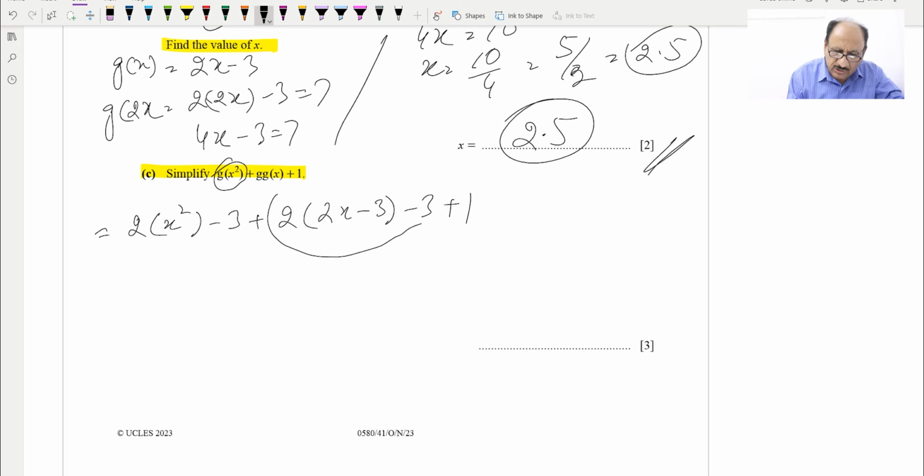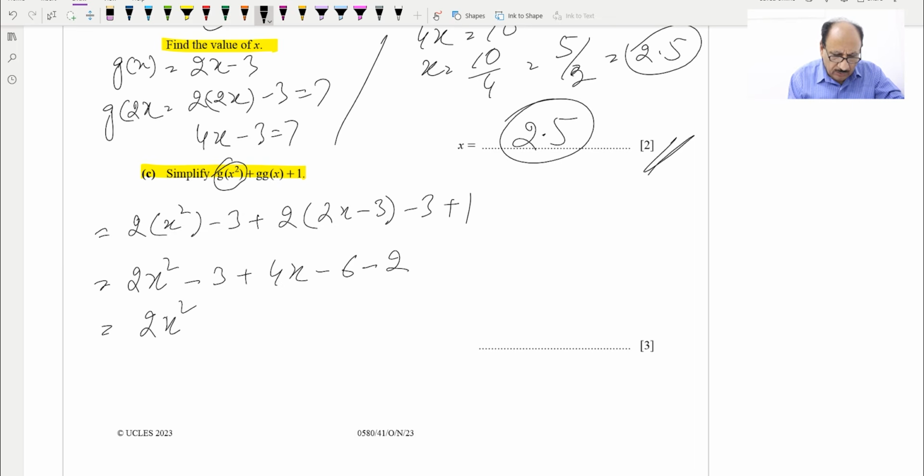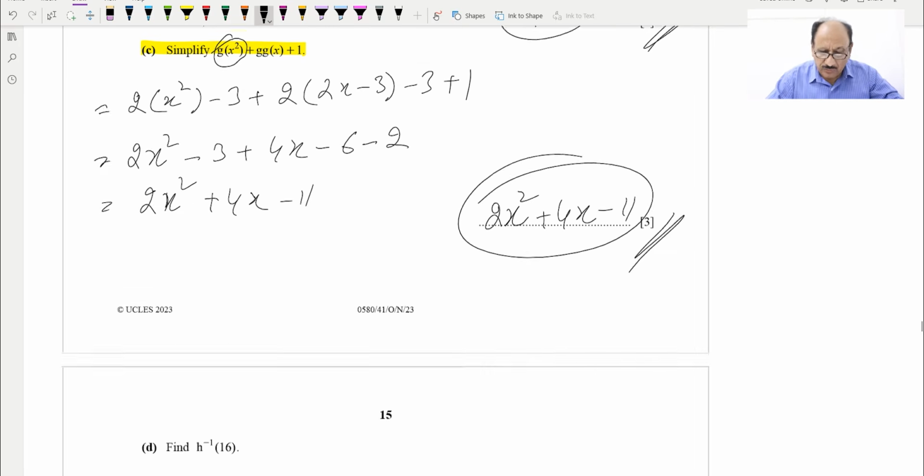So this portion is basically g of x, which we have written. Hopefully you understand this. Now we need to simplify this, and we'll open the brackets. So 2x square minus 3 and plus 4x minus 6 and plus 1 we can write, and this will be 2x square plus 4x, and this will be minus 3 minus 6 plus 1, so minus 8. So this will be 2x square plus 4x minus 8. This will be a 3 marks question, which we have done.